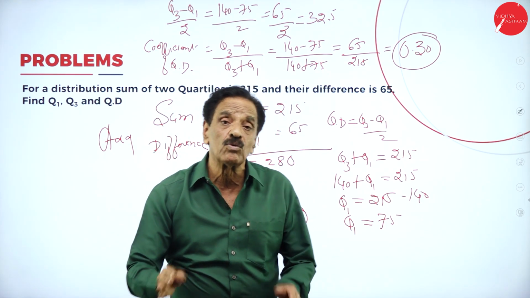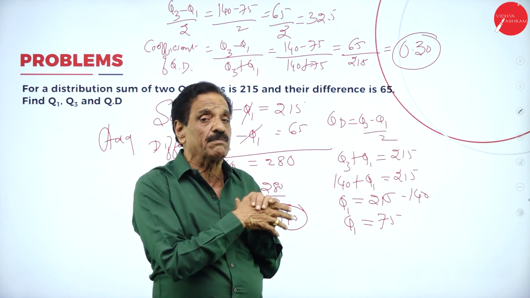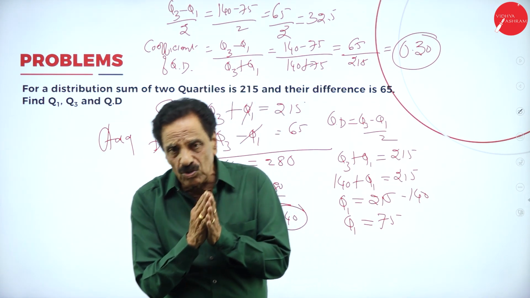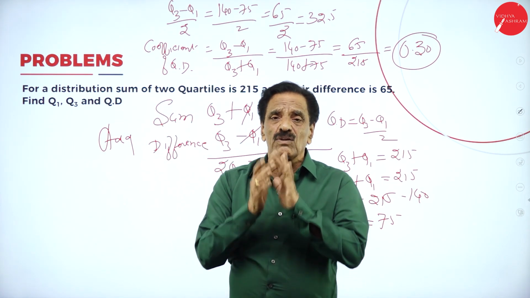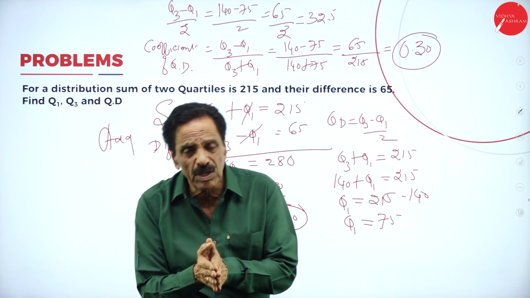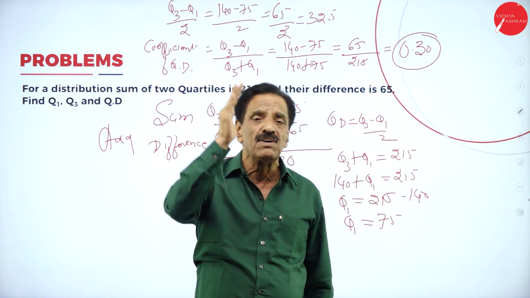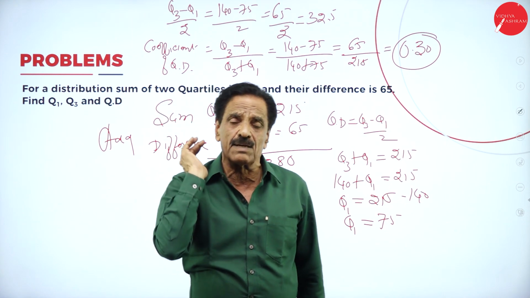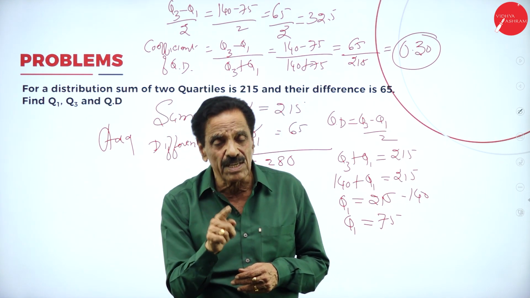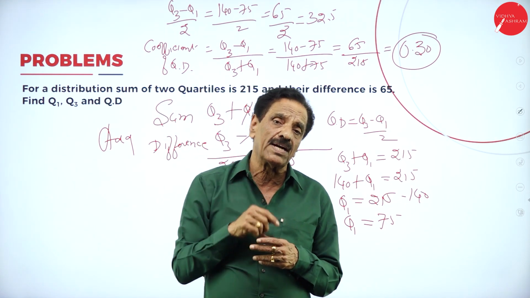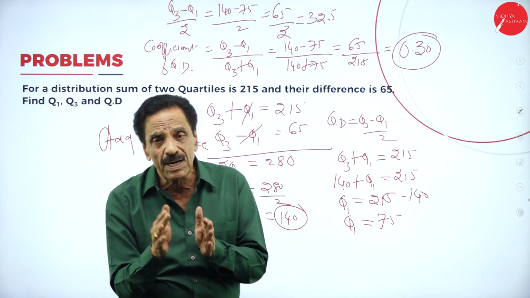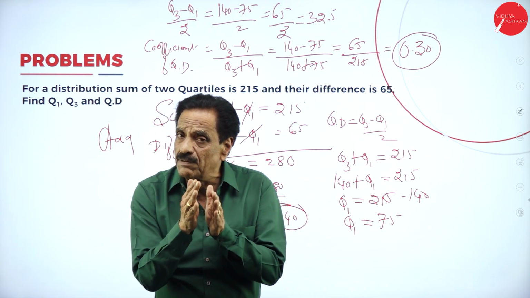So you have solved about 6 problems plus 2 extra summation problems, totally 8 problems. What is the first step to do? You want Q1 and Q3. Q1 is the size of (n plus 1) divided by 4th item. Q3 is the size of 3 into (n plus 1) divided by 4th item. Quartile deviation is Q3 minus Q1 divided by 2.